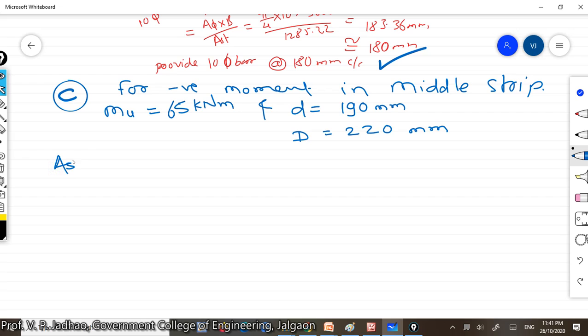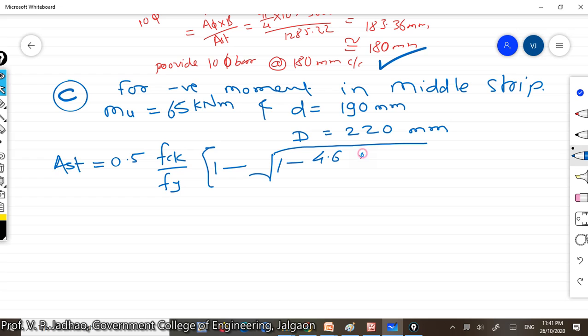Therefore we can calculate AST by using the formula AST is equal to 0.5 FCK divided by Fy multiplied by 1 minus square root of 1 minus 4.6 Mu upon FCK b d square, multiplied by b into d. Just put the required values here.